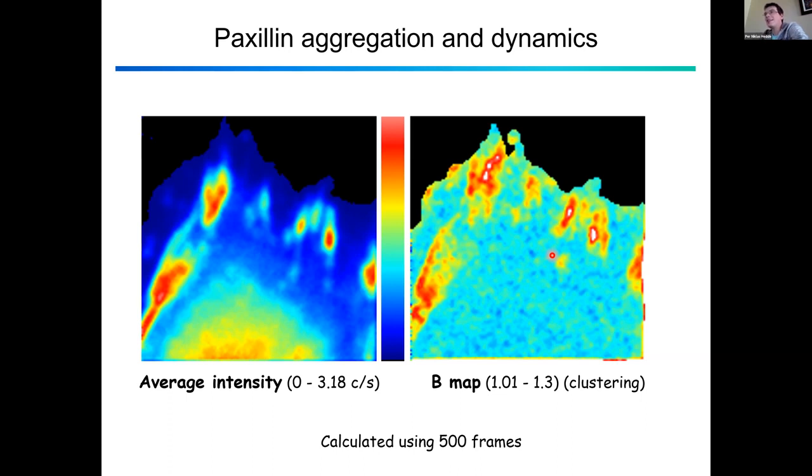So the higher the oligomerization, the hotter the color code in this case will be. So if you compare the two images, you see that yes, you do have higher aggregation states near the focal adhesions, but they don't exactly co-localize.